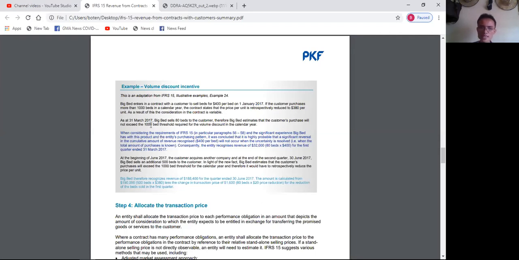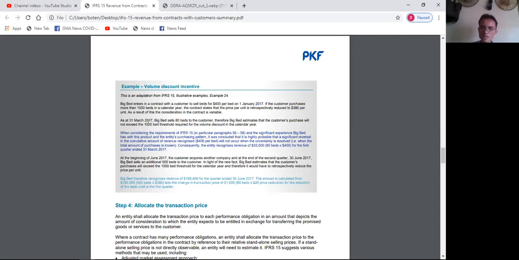So there is a discount of $20. $400 minus $280 is a reduction should the customer purchase more than 1,000 beds. In other words, this makes the contract variable. You might be thinking that there might be an adjustment yet to the price. Well, we will have to consider it at the particular time that there is a sale, just like in the second paragraph, that's 31st of March 2017.